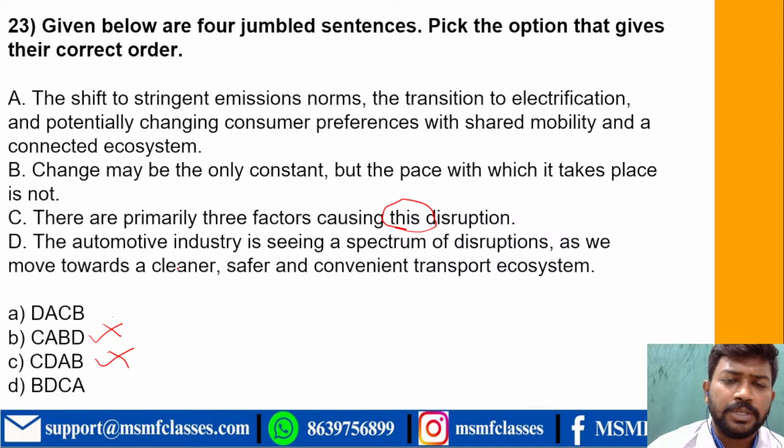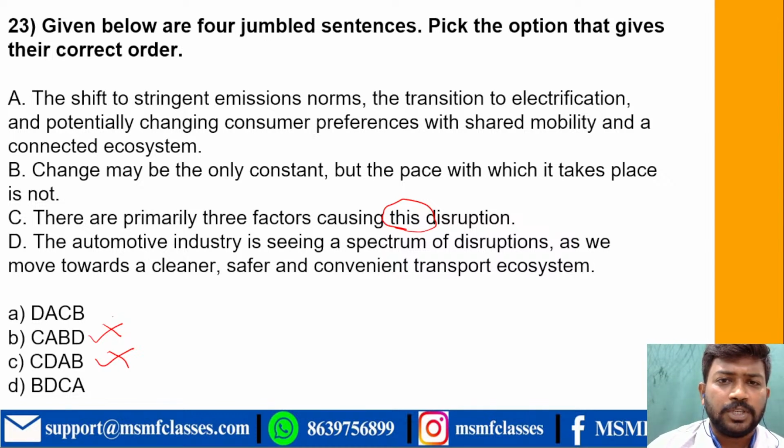The automotive industry is seeing a spectrum of disruptions. I think they are speaking about these disruptions only. As we move towards the cleaner and safer, convenient transport ecosystem. Okay, now let us see the B also once. Change may be the only constant, but the pace with which it takes place is not.